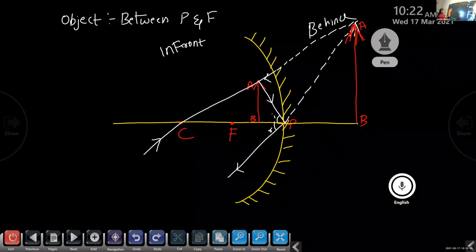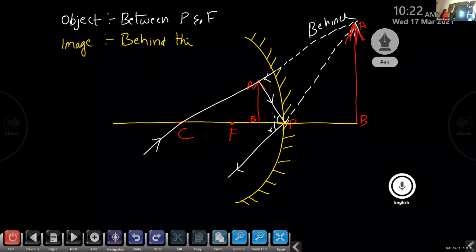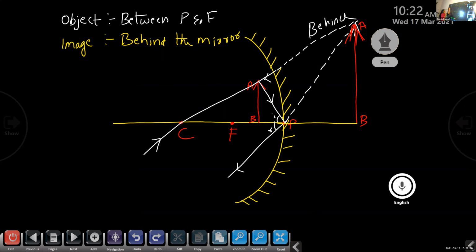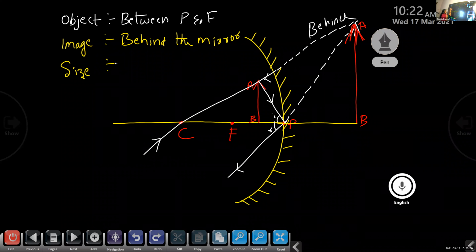So now we can write the characteristics of the image formed here. That is, the image is formed behind the mirror. Then what about the size of the image formed? The size of the image formed is enlarged.